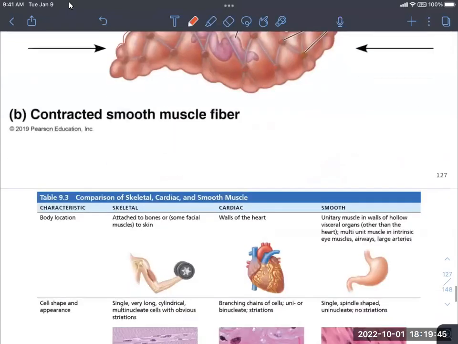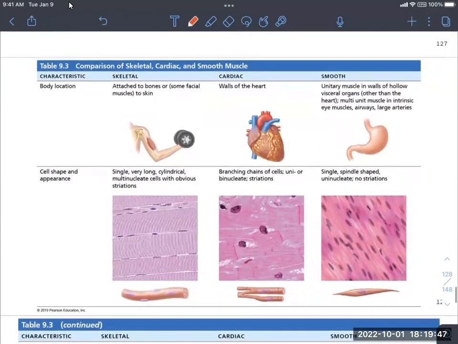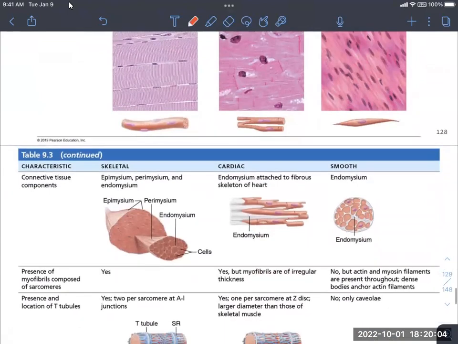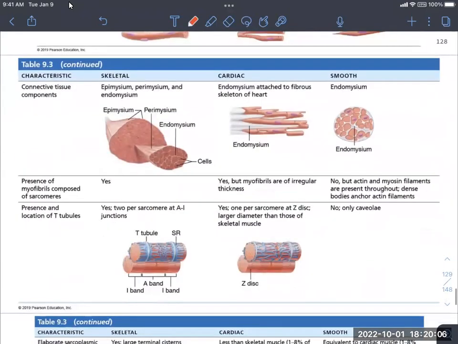So here is that table from the beginning that shows skeletal muscle next to what we've looked at for smooth muscle. It shows histologically what they look like, what they do, where they're located, cell shape, different kinds of fibers, how they may have sarcomeres versus T-tubules.